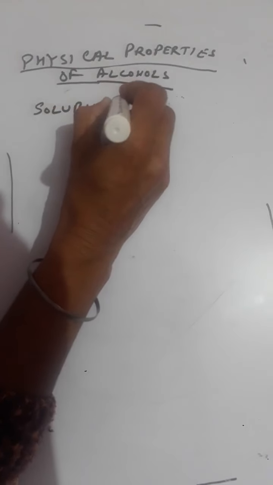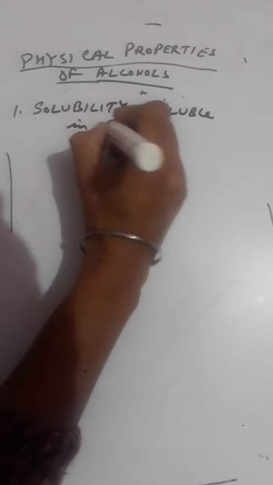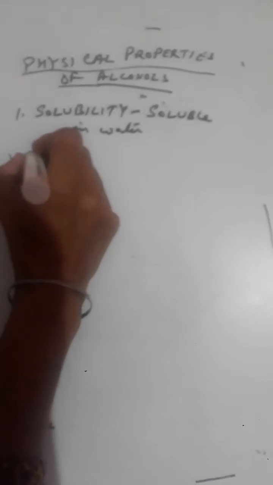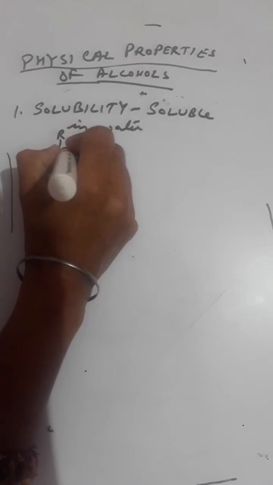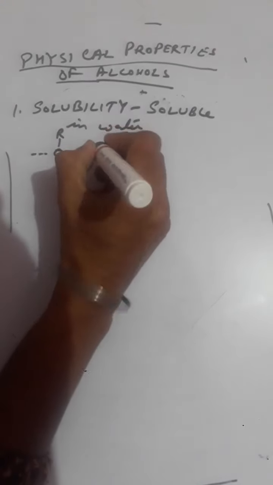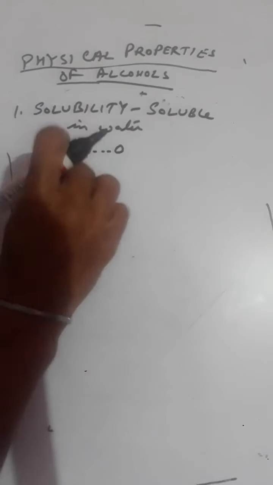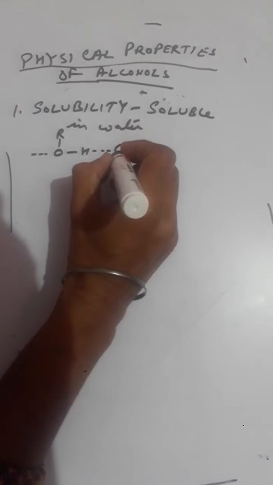Solubility of alcohols, they are soluble in water. This is again because of the formation of the H bonding with the water molecule. How? The oxygen of water will form the H bonding with the H of this alcohol.